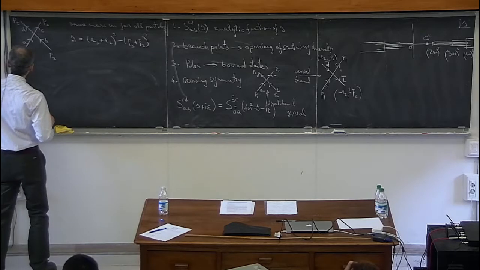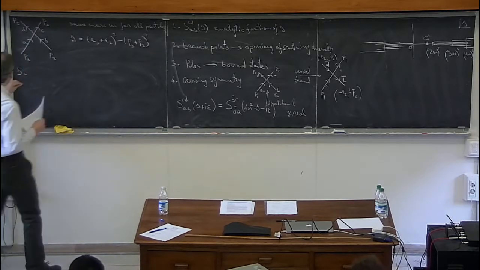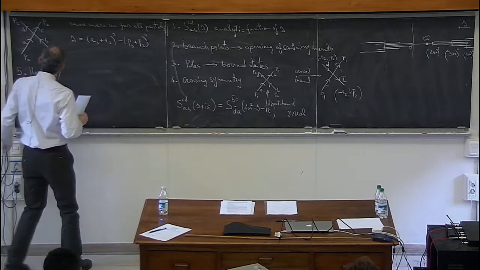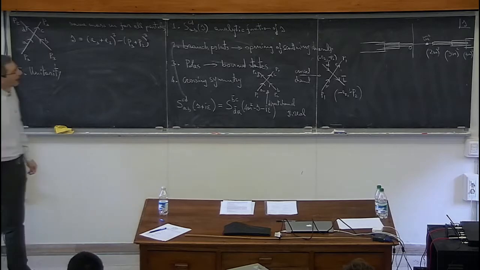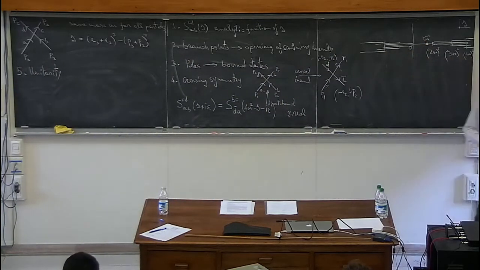And with this I move to the fifth property, which is unitarity. As you see, the analytic structure is quite complicated in general. A main point for what we are going to do is that in the cases of our interest, this will simplify drastically.